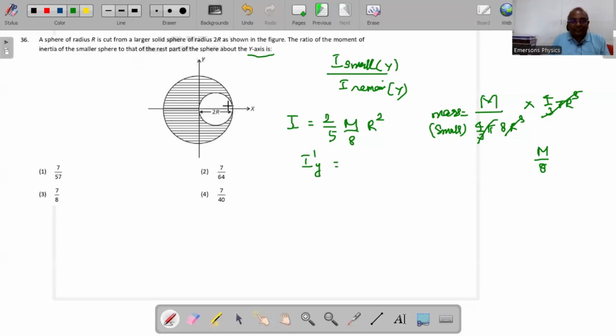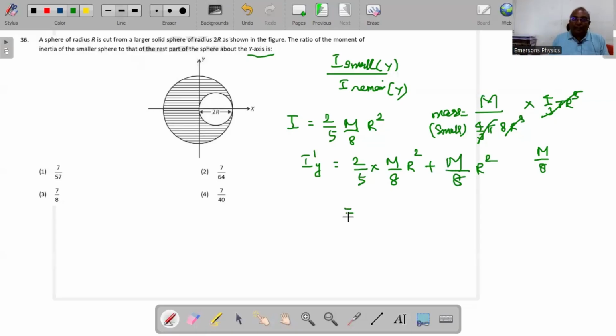So moment of inertia about the center plus the parallel axis term: 2/5 × m/8 × r² plus mass times the square of the distance. Mass is m/8 times r².